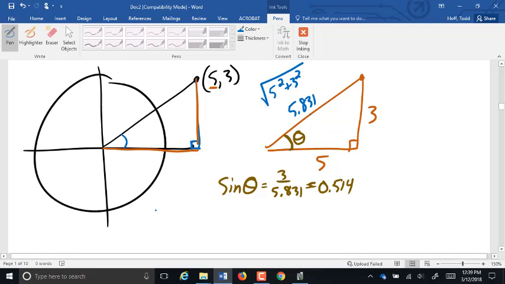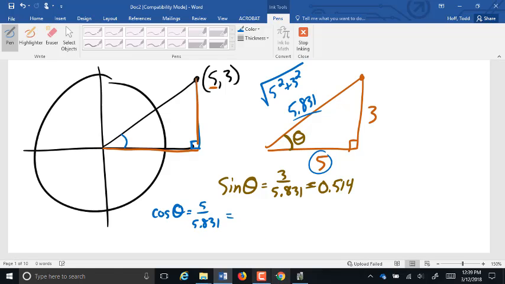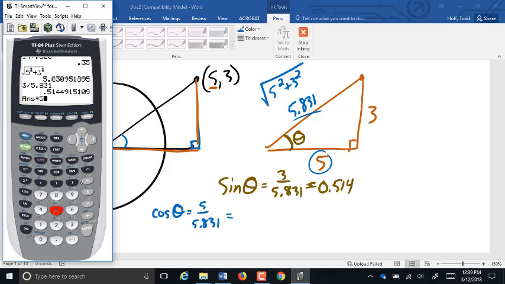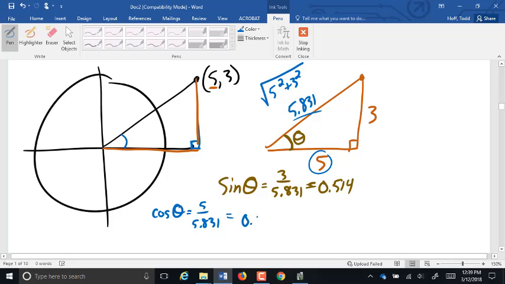What is the cosine of theta? Adjacent over hypotenuse. Good. So 5 over 5.831, or 0.857.